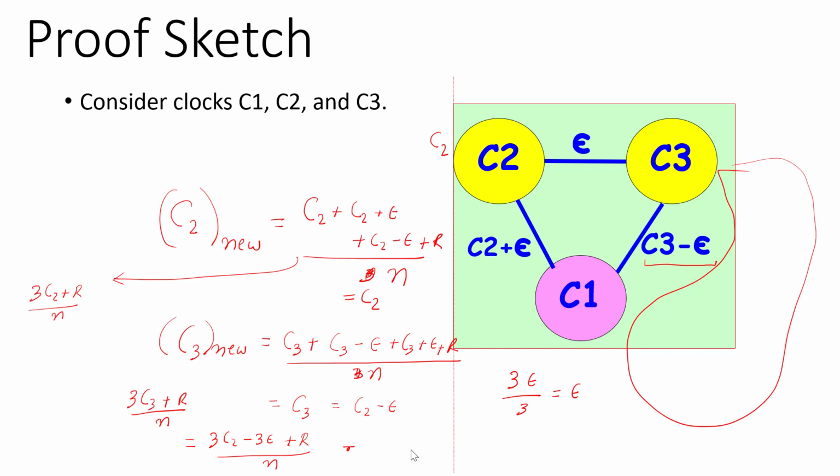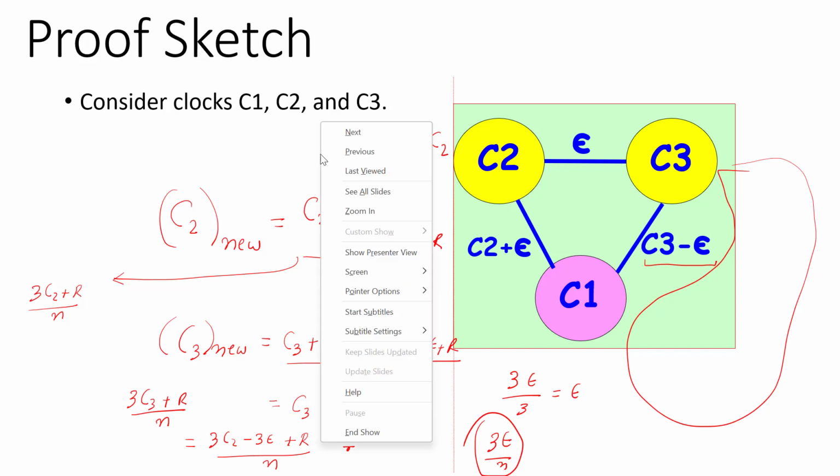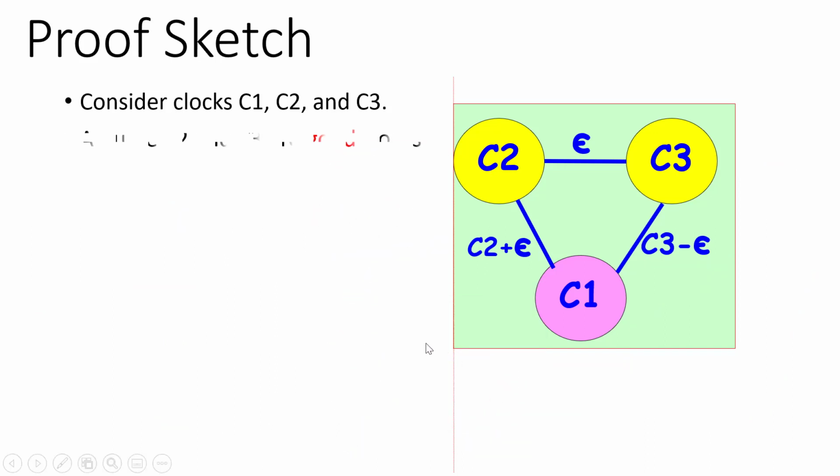So the difference comes out to be 3 epsilon by n. So this is exactly the proof sketch. This is what we are trying to prove. Let me now clear the clutter and then explain this once again.